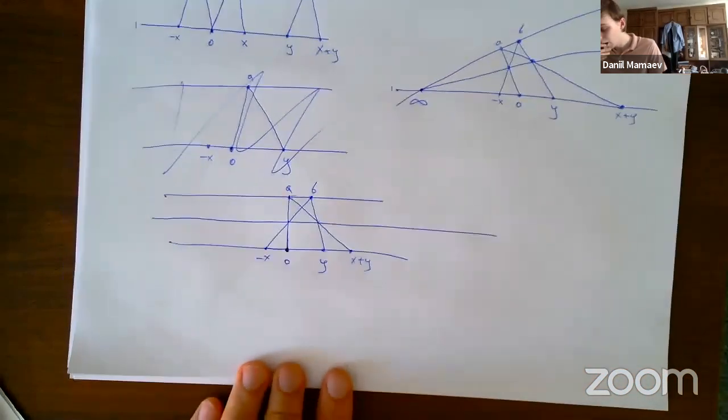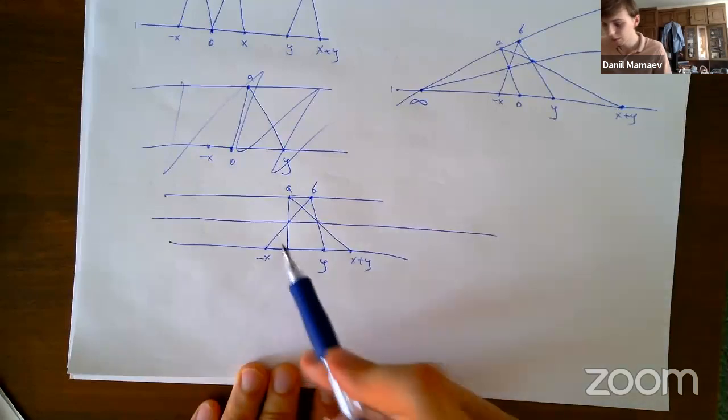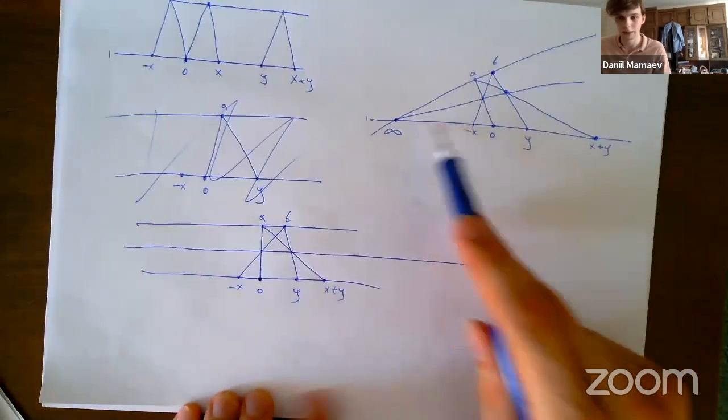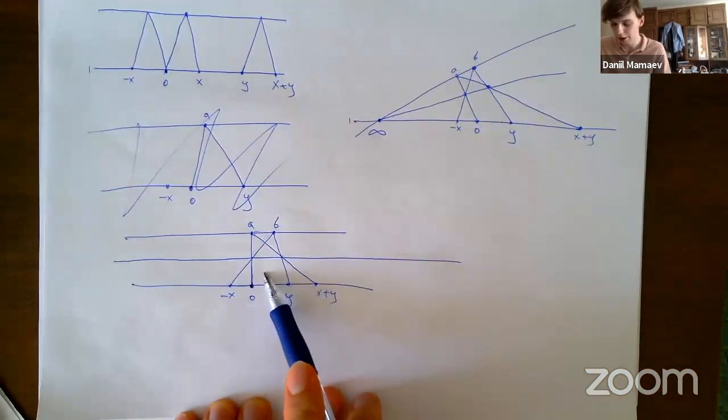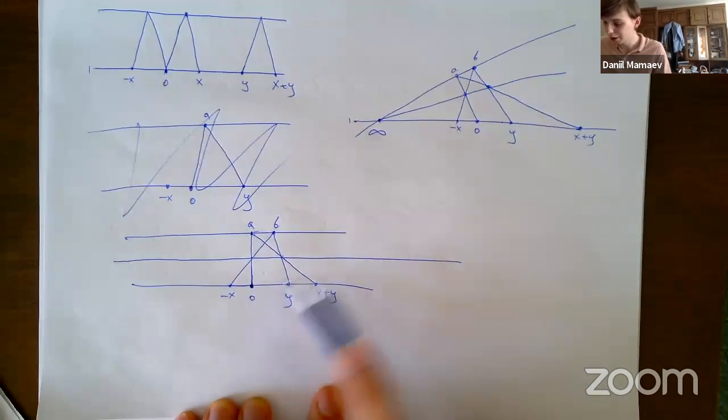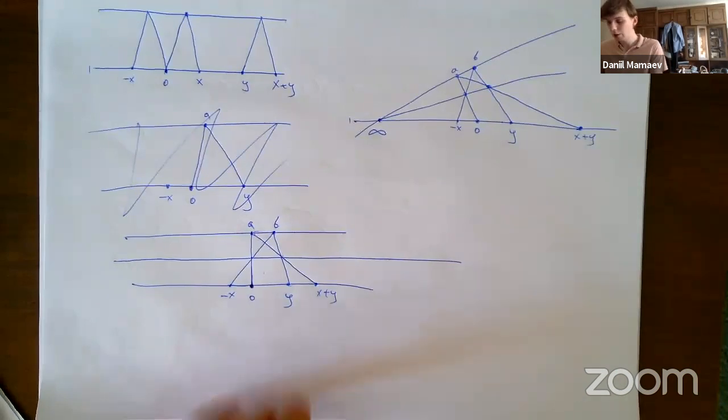Well, yeah, so we have the same picture. On this picture, it's clear from school geometry. And if we apply a projective transformation, we get this picture. And you can basically do it for any of the quadrilateral relations you needed.